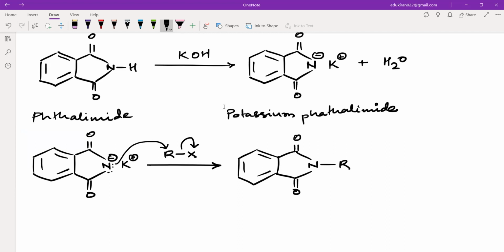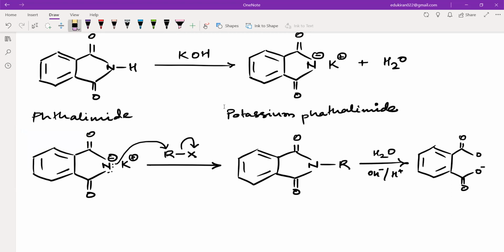After that, we react this with water: hydrolysis, acidic hydrolysis or basic hydrolysis. Any type of hydrolysis you do, H2O in OH negative or in H positive, depending on the condition, you will get the carboxylate. If you are using basic condition, then you are going to get COO negative, and if you use acidic condition, then you are going to get COOH, because the base will abstract the proton.